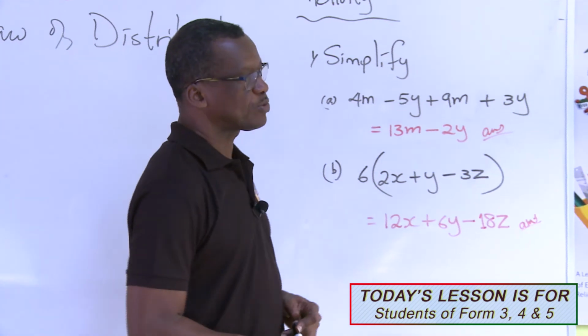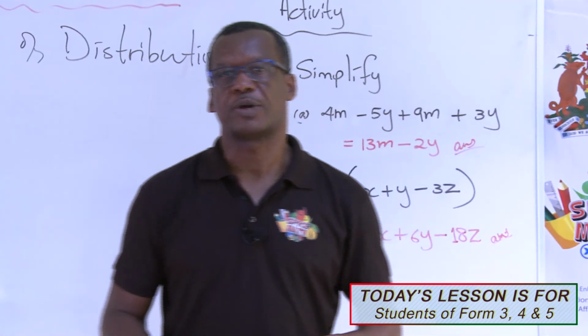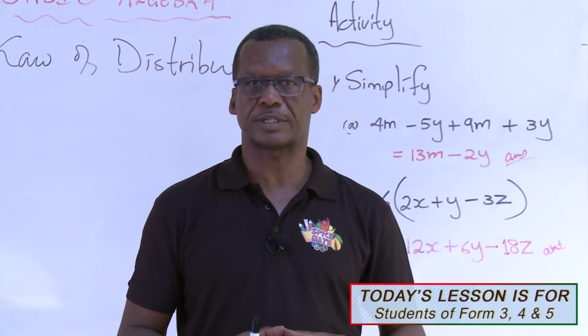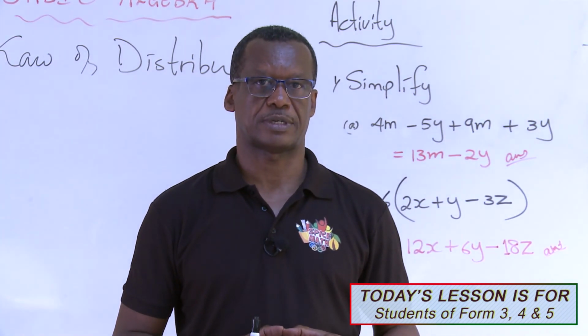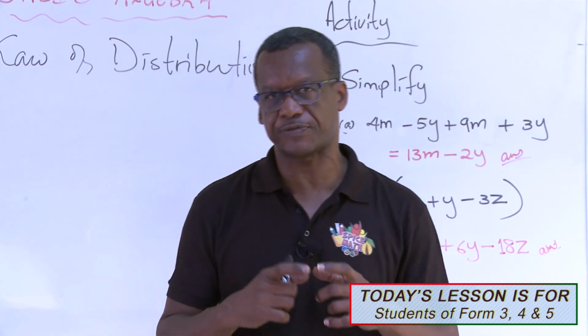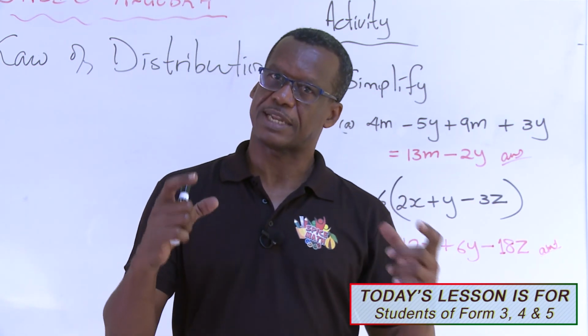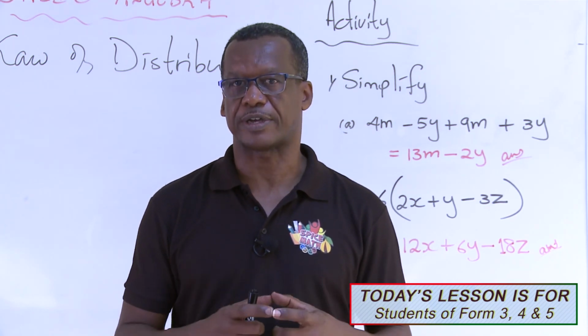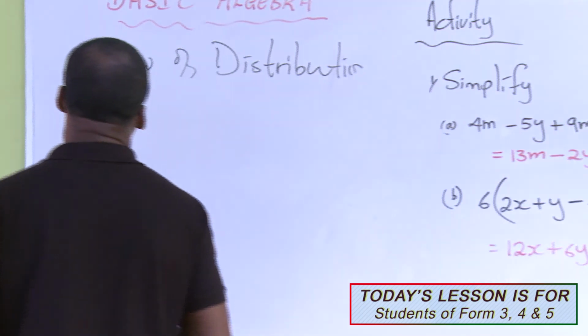Good. Now as we move forward, we want to take a look at a combination of the two concepts where both the law of distribution and like terms, or the gathering of like terms, are brought together in a single question.